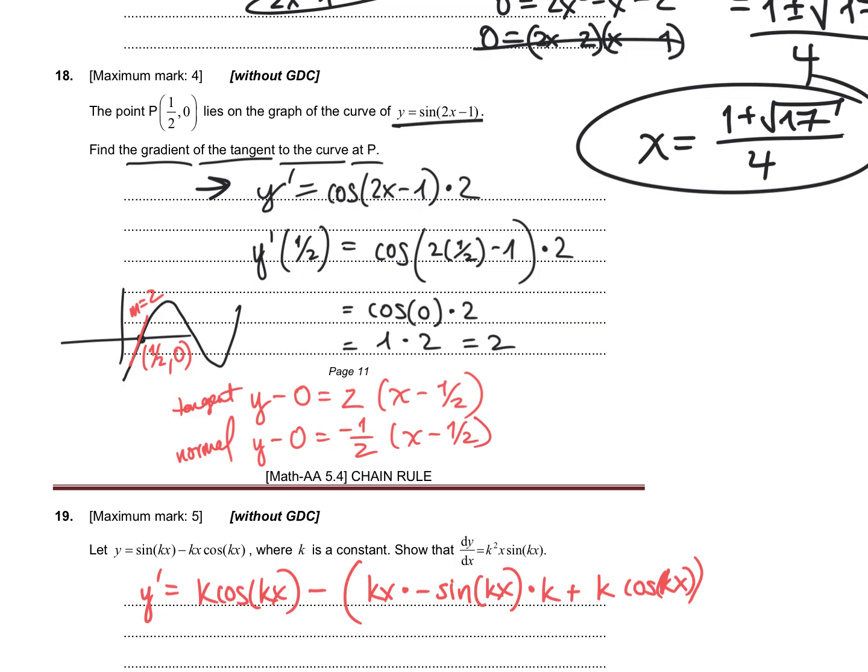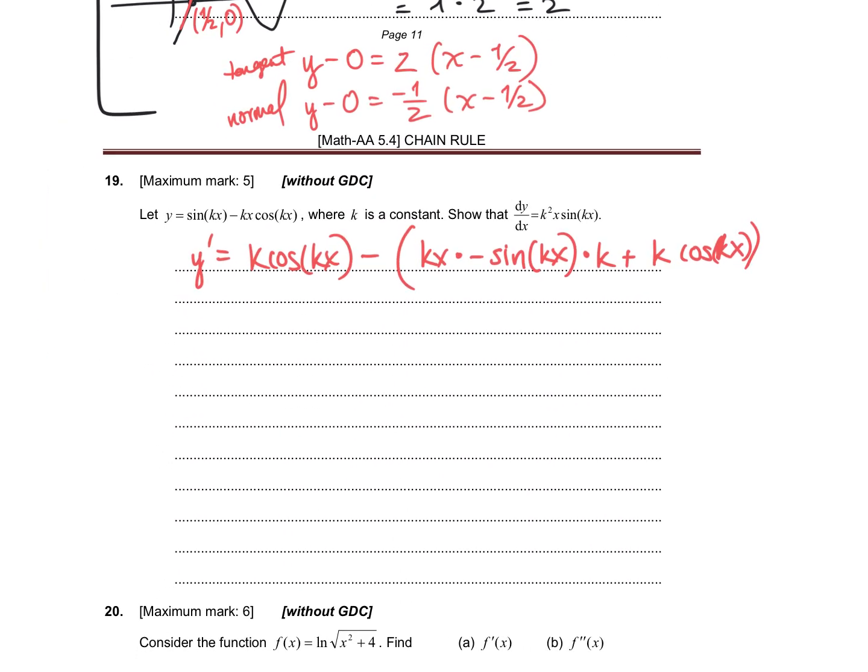And then we have to find the gradient at P. The 0 doesn't matter, just the 1/2 matters. So we substitute 1/2 in. 2 times 1/2 is 1. Minus 1 is 0. Cosine at 0 is 1. And then times 2 is 2. Okay? And this is just for the tangent and normal line. I was just going over that.